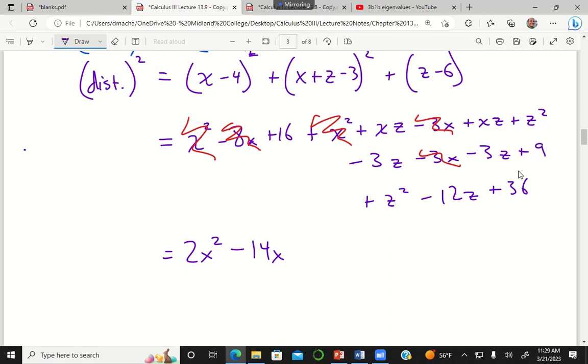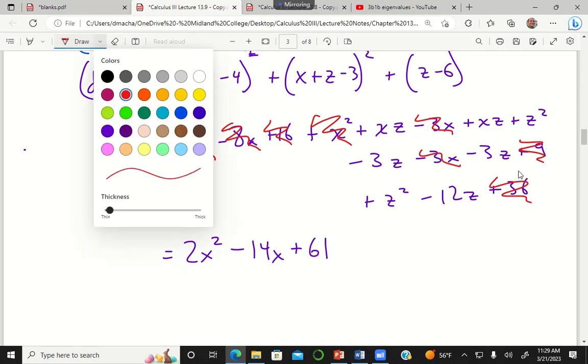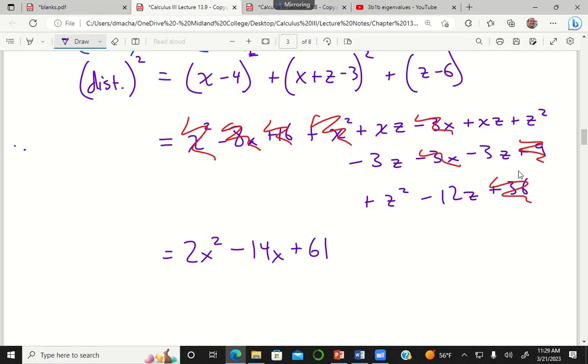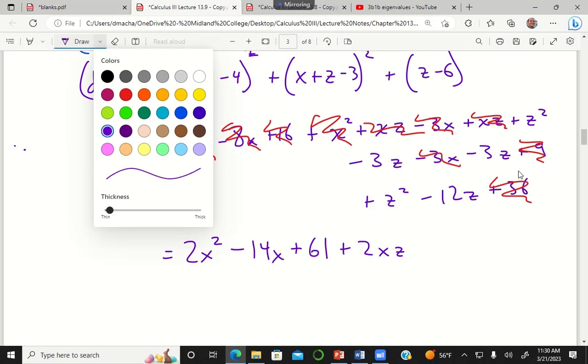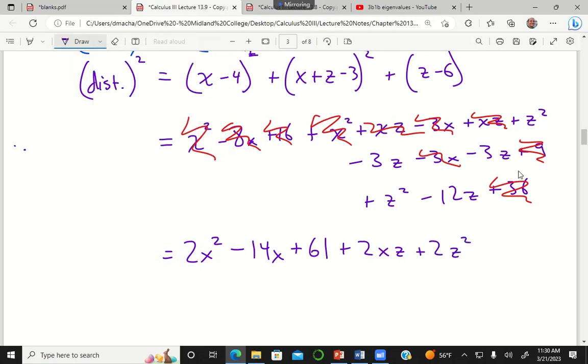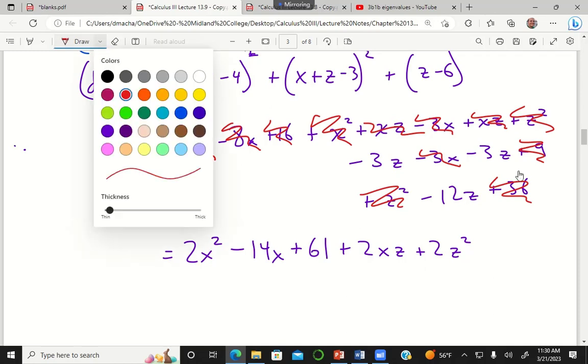That's 45 plus 16, so that's 61, I think. Then I've got xz appearing twice, and z squared appearing twice, and then minus 18z. And I'm done.